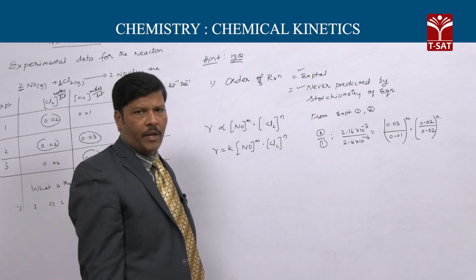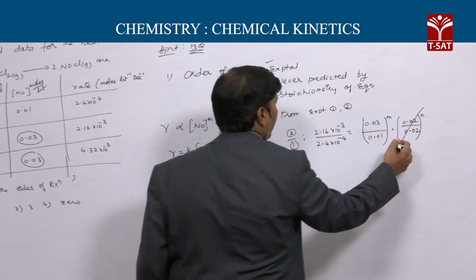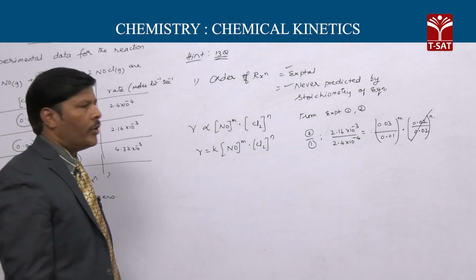Because the concentrations of chlorine are the same, I am going to cancel the n component altogether, 0.02.